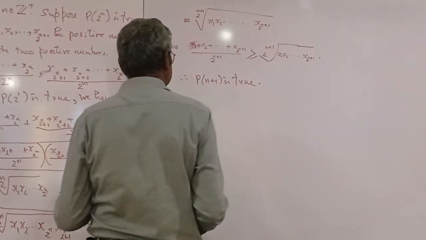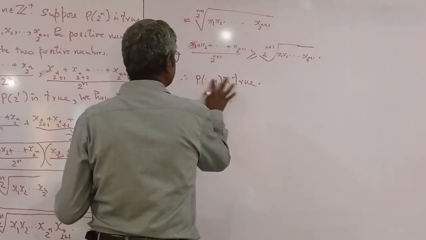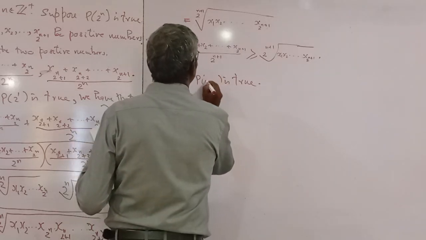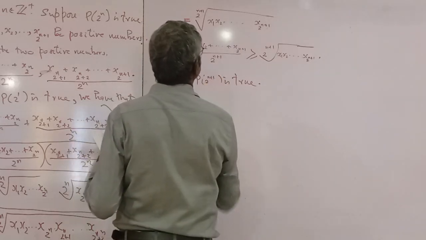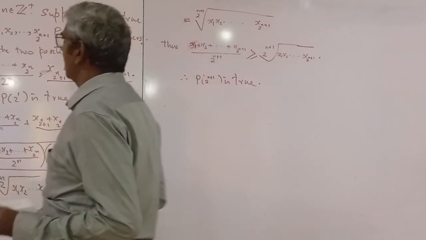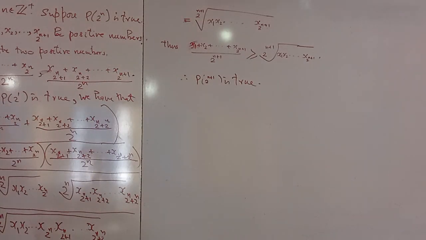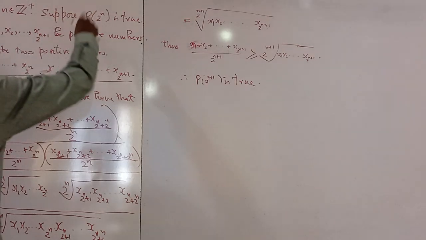First I showed P of 2 to the 1 is true. Assume that P of 2 to the n is true.